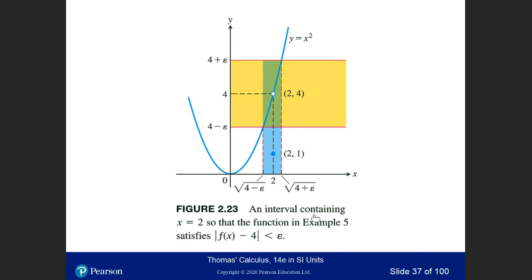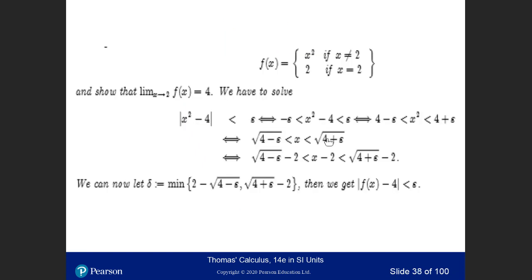We can also show this algebraically. Okay, that's our function. F of x is equal to x squared if x is not equal to 2. F of x is equal to 2 if x is equal to 2. That should be 1. That's a misprint here.